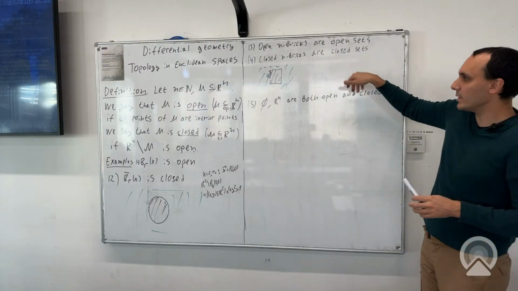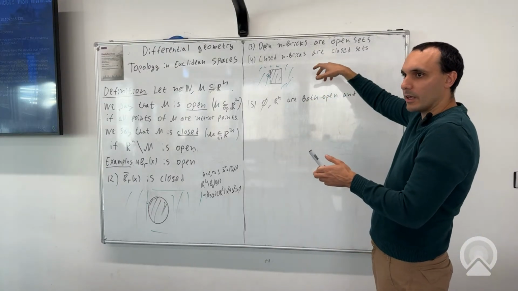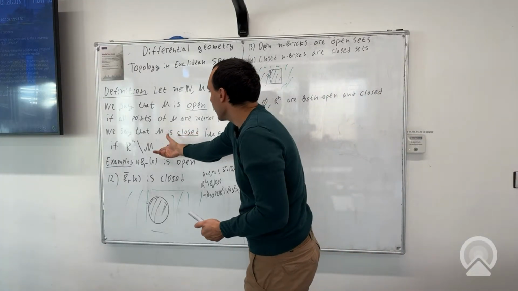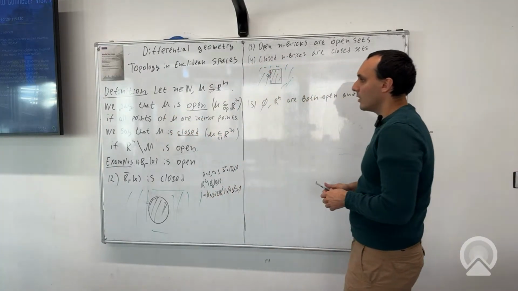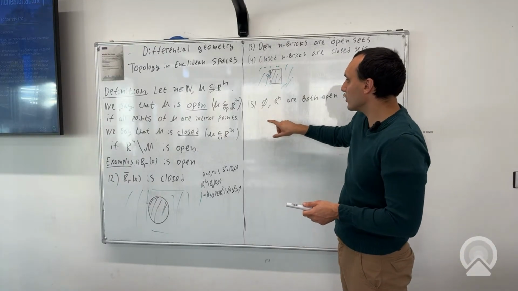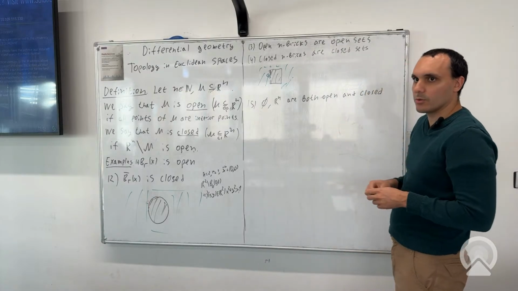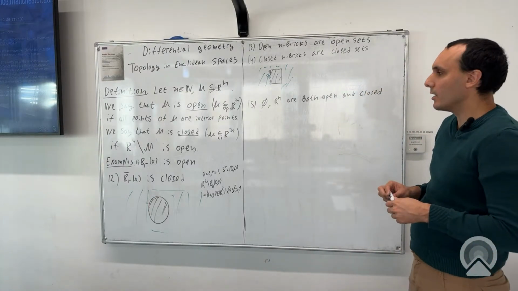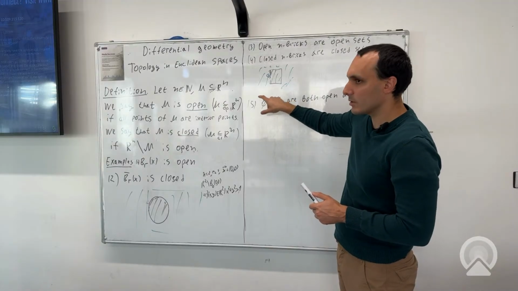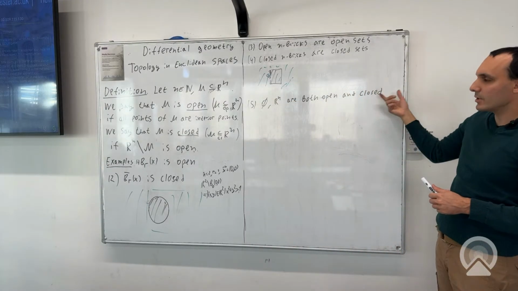If you take the whole space, it's open because any point has a ball inside it, since it contains all subsets. If you take the empty set, it has no points, so it's vacuously true. The complement of the empty set is the whole set, and the complement of the whole set is the empty set. So they're complements of open sets, so they're closed.